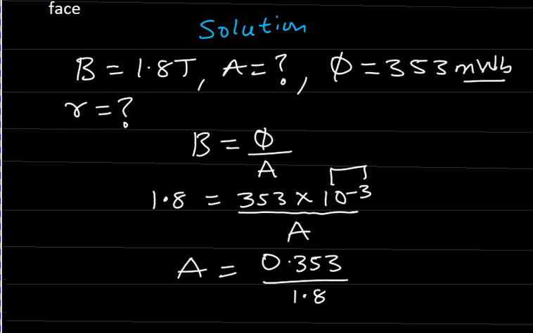What do I have? 0.196. So the area is 0.196 meter square.